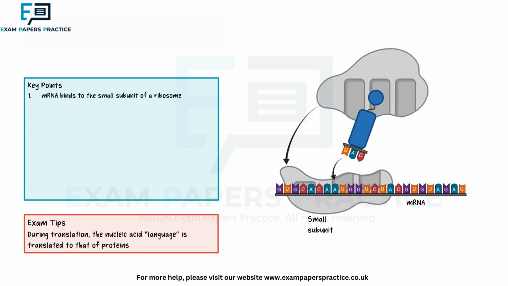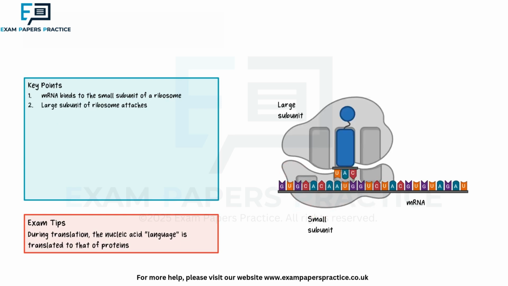In the first stage of translation, the mRNA attaches to the small subunit of a ribosome. The large subunit will then attach, which has binding sites for tRNA. The mRNA is read in triplets, or codons. The first codon is AUG, so the complementary bases on the tRNA, or anticodon, would be UAC.